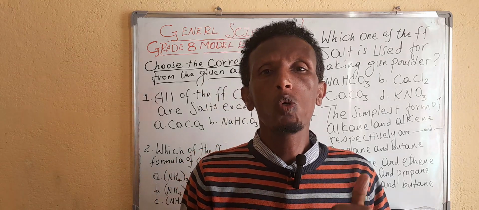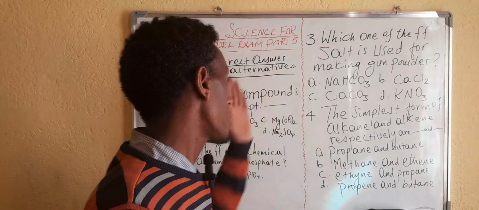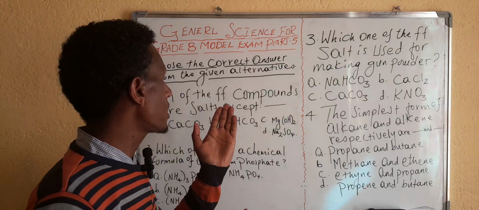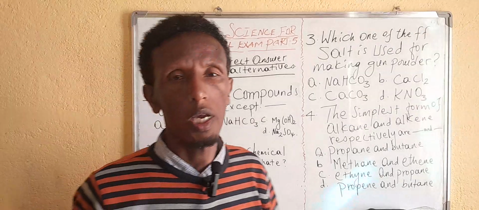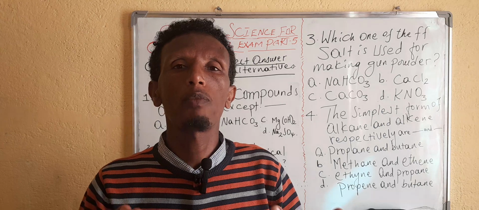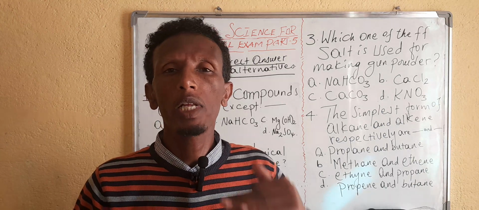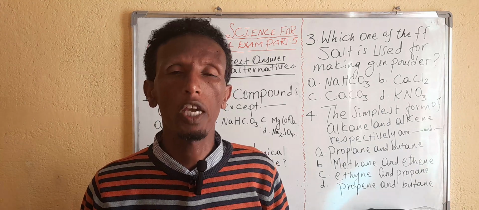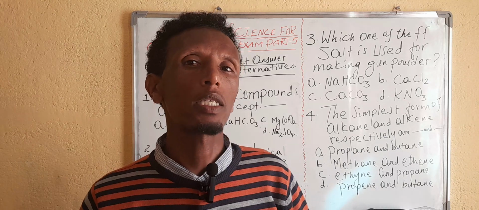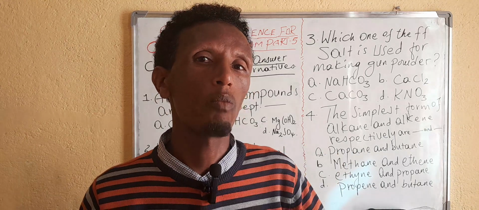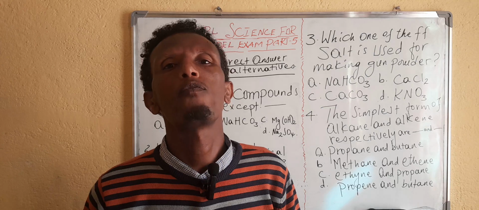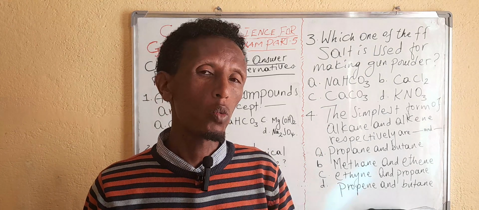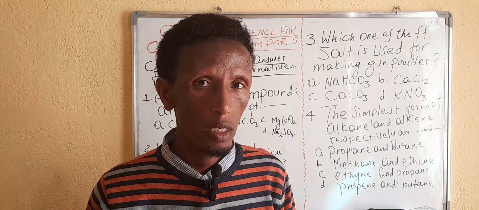Okay, so when I come to acid and base, acids are also inorganic compounds which can be formed from non-metallic oxide and water. If non-metallic oxides are dissolved in water, they form an acid. If metallic oxides are dissolved in water, they form a base.